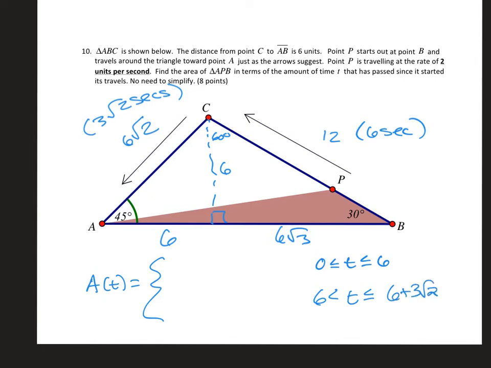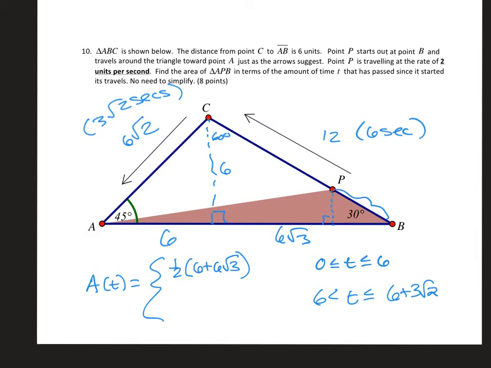Okay, so let's start with the first piece, how area is changing with time as P goes from B to C. Remember how area of a triangle is found? It's 1/2 base times height. Well, I know the base, so 1/2, 6 plus 6 root 3. Now the height. How is the distance P travels changing with time?